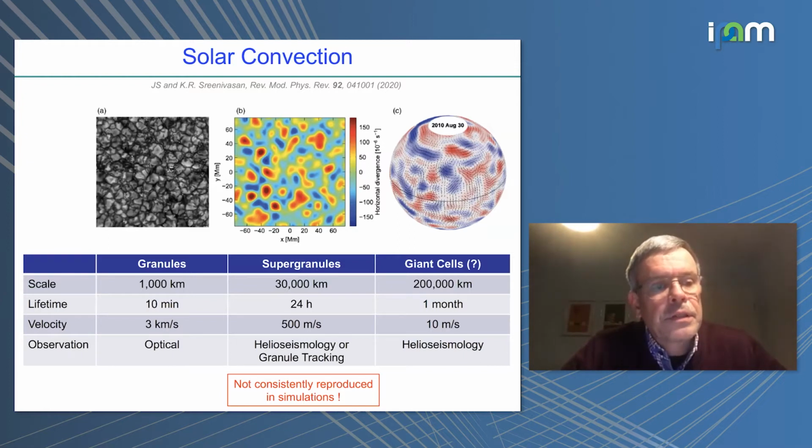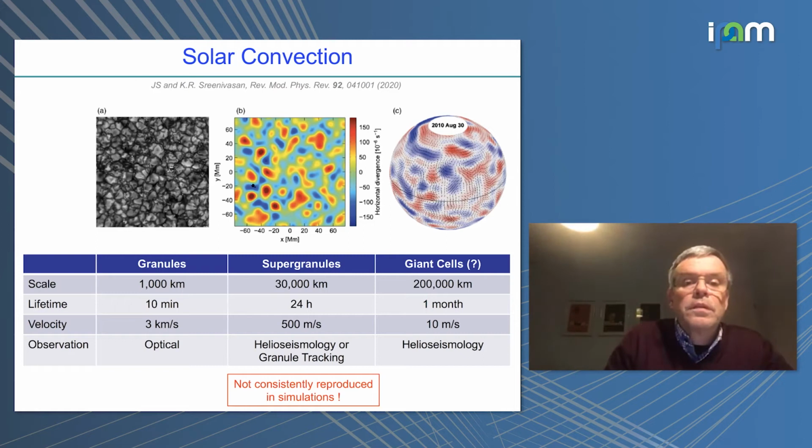They have a diameter of about 1,000 kilometers. They live for about 10 minutes, and the velocity is about 3 kilometers per second, and they can be observed optically. Next, it's followed by supergranules, which are observed by either helioseismology or by granule tracking.